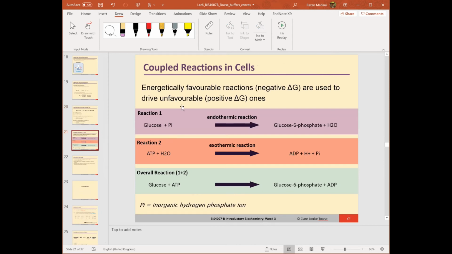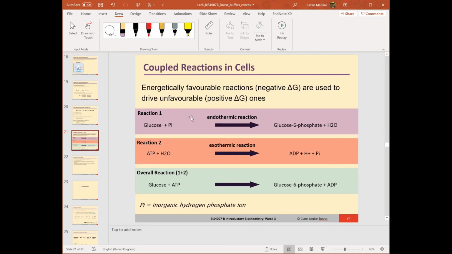Here is just showing you reactions inside the cell, because remember we're studying biochemistry, so it's biology, chemistry related to biology. So energetically favorable reactions, negative delta G, are used to drive unfavorable positive ones. So delta G, remember what it said, if it's negative, that means it is what?